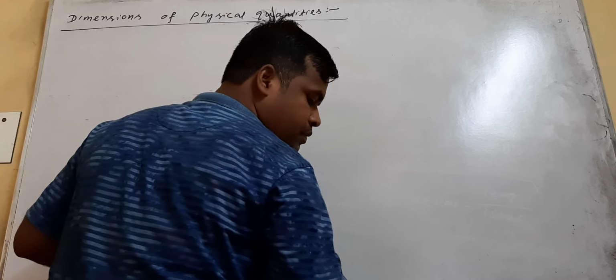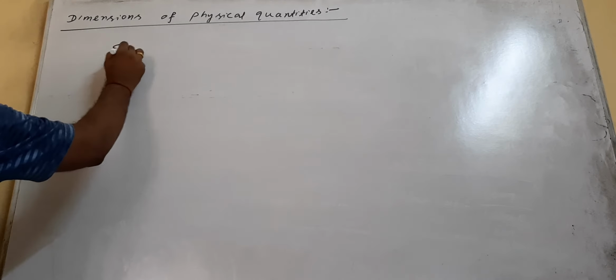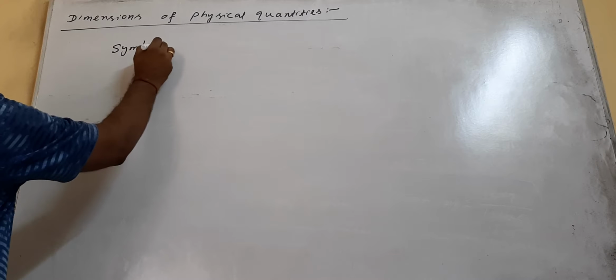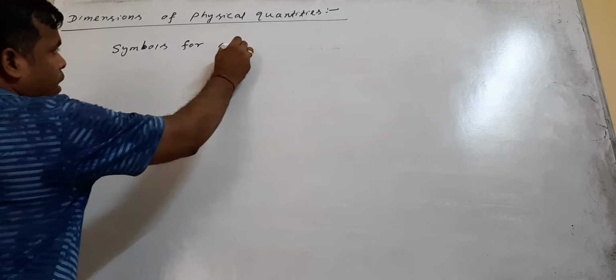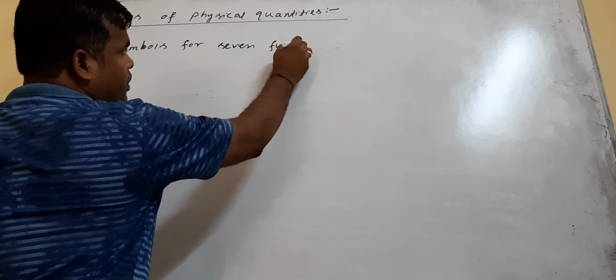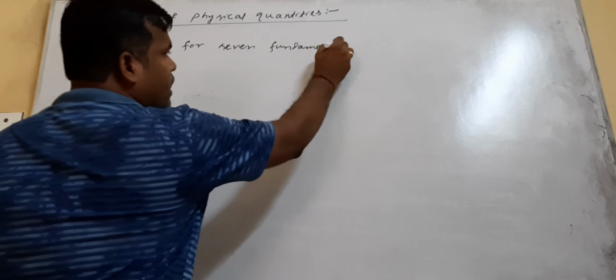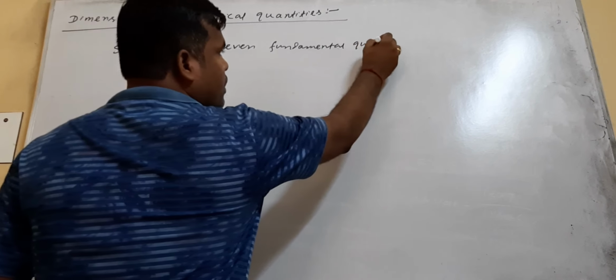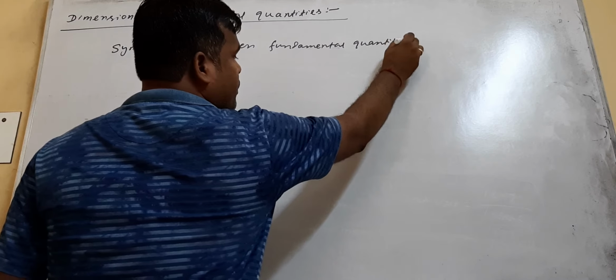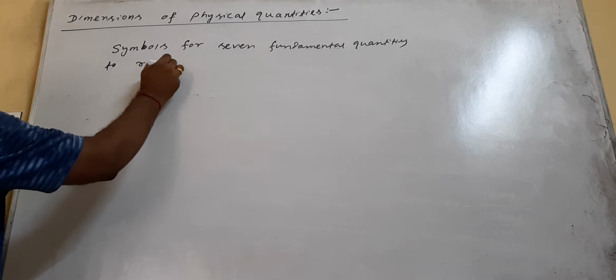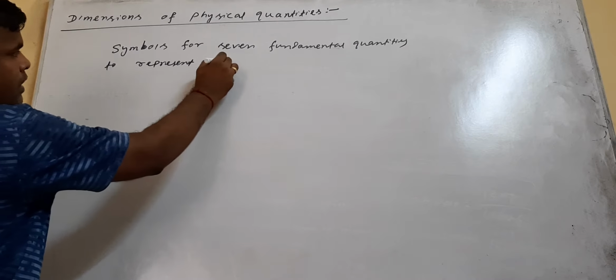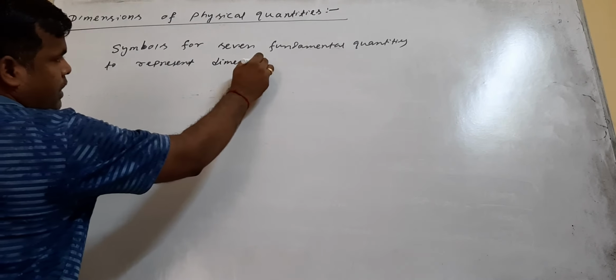Now come to symbols for 7 fundamental quantities to represent dimensions.